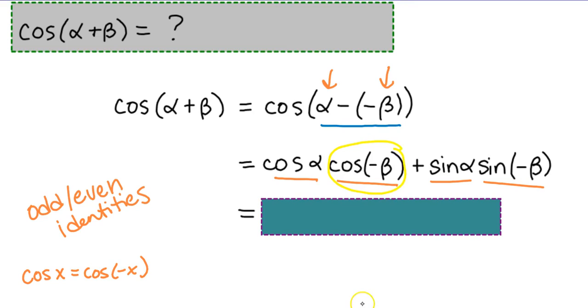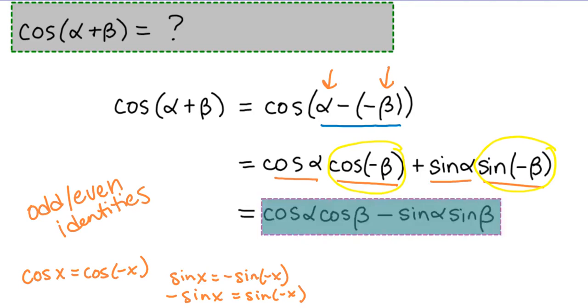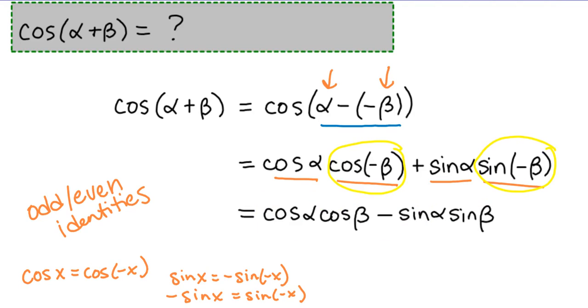And we also know that the sine is odd: the opposite of the sine of x equals the sine of the opposite of x. So that means that the sine of the opposite of beta is equal to the opposite of the sine of beta. So based on those, we can substitute, and we end up with this.